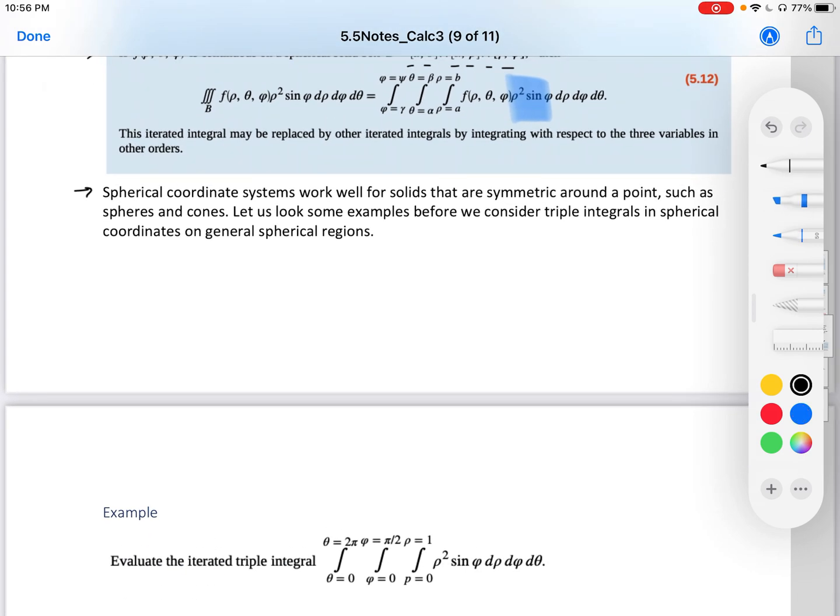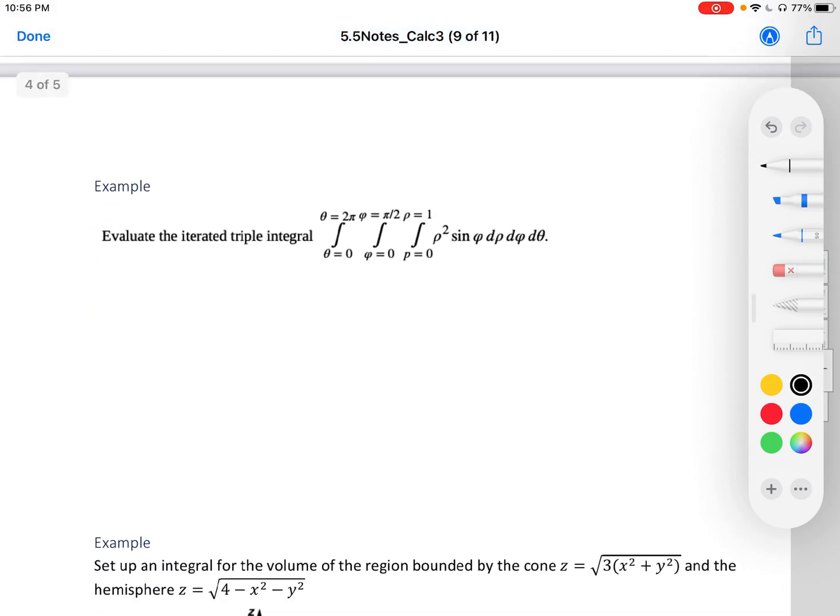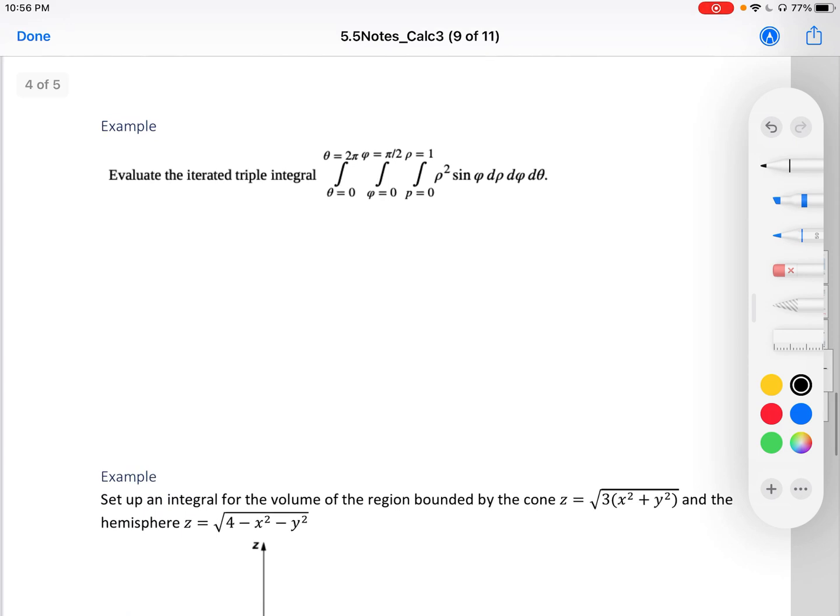All right. Spherical coordinate systems work well for solids that are symmetric around a point, such as spheres and cones. Let us look at some examples before we consider triple integrals in spherical coordinates on a general region. This is just a very general example, and it shows how we can work with triple integrals in spherical coordinates.